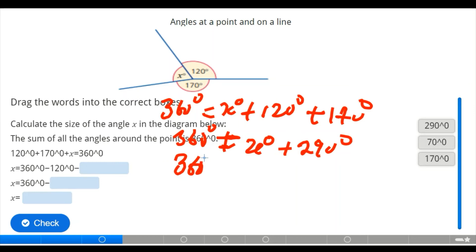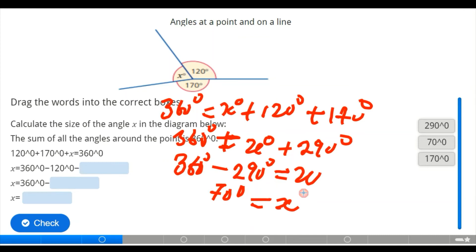We have 360 degrees minus 290 degrees equals X. What's 360 minus 290? That's going to give us 70. So 70 degrees equals X. So X in this diagram is 70 degrees, and that makes this diagram a complete revolution.